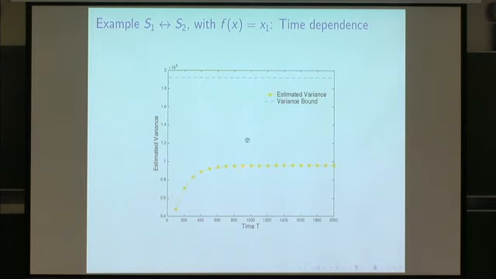If you run it for a much longer time, you get this leveling off, and this blue line is the absolute upper bound on the variance, when the two processes are negatively correlated, right? And they are opposite and equal.